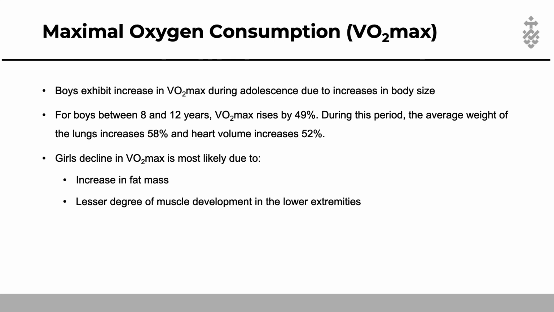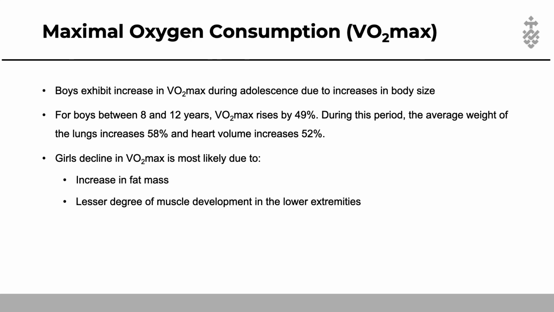So it's not as though boys are just getting super fit as they age. It's actually the product of the increase in size. A bigger heart and bigger lungs means that I can get more oxygen into my blood and I can pump more blood around my body to deliver the oxygen to those working muscles.